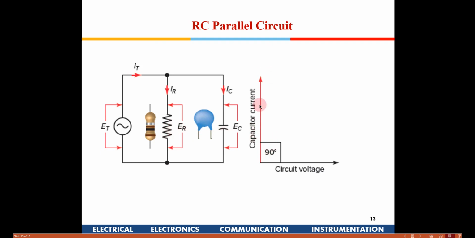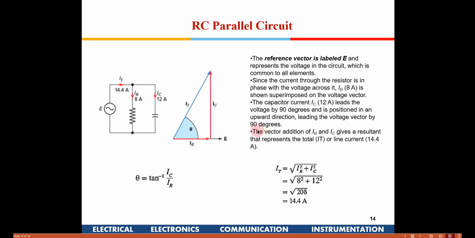The capacitor current, we know, leads the voltage by 90 degrees. In the case of the inductor it was lagging the applied voltage by 90, whereas here it is going to lead the applied voltage by 90 degrees.